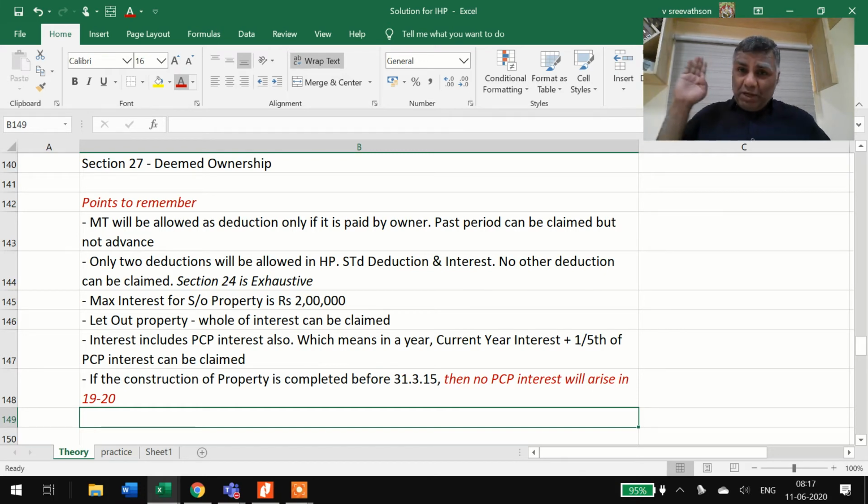Okay, so if the construction is completed before 31/3/2015, that means your first year in which you are going to claim is 1415. 14, 15, 15, 16, 16, 17, 17, 18, 18, 19. 5 years is over. In 1920, you cannot claim. So, construction year, if they give completion of construction, look for whether it is after 31/3/2015.